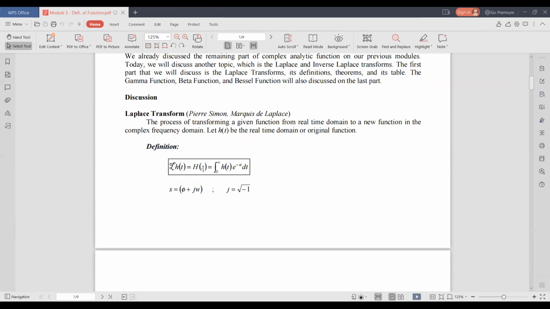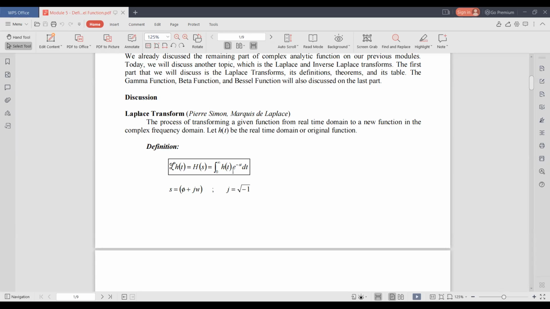In order to evaluate that one, we can also use the integral function. That is from 0 to infinity, yung limits natin. And that is the integral of the function of time domain times the e. Yung e natin, ito yung Euler. Okay? e raised to negative st. Ito yung kernel of transformation na tinatawag natin.